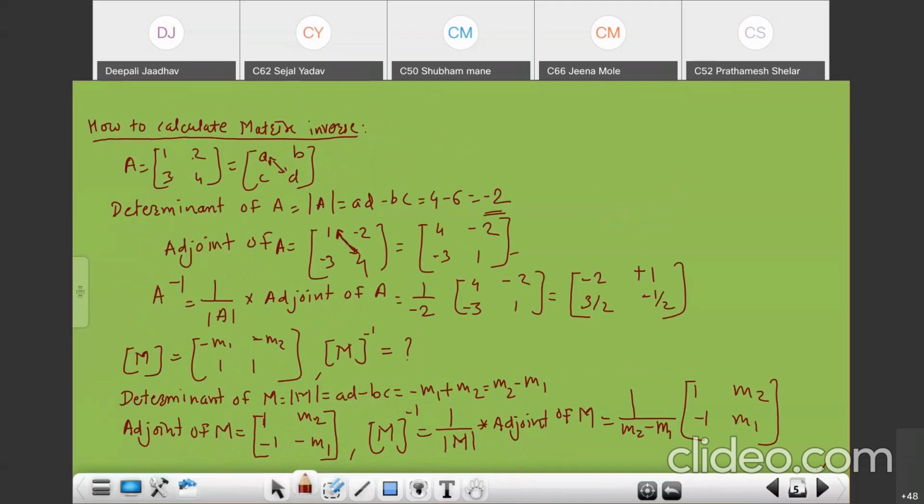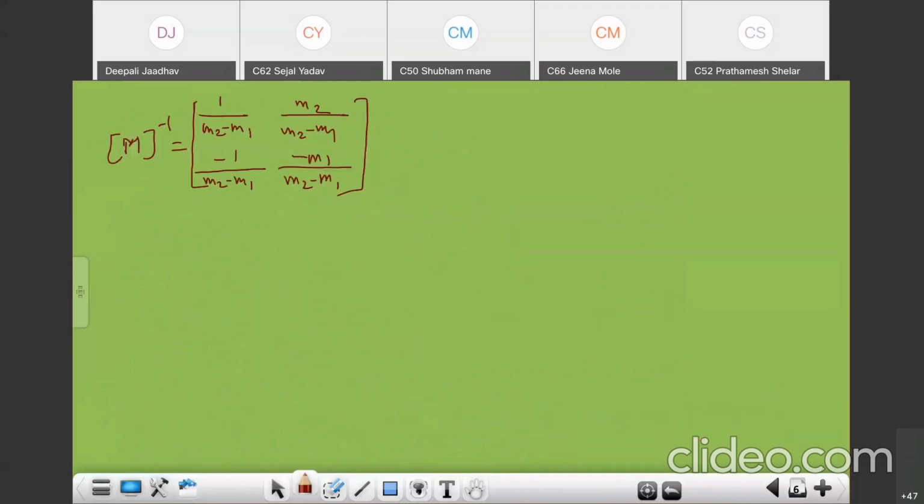Using this we get the inverse of the matrix M. Now we put this value in that equation.